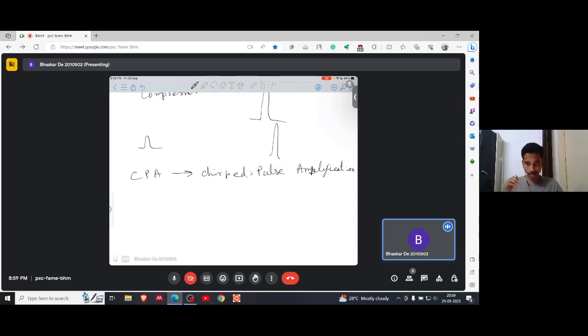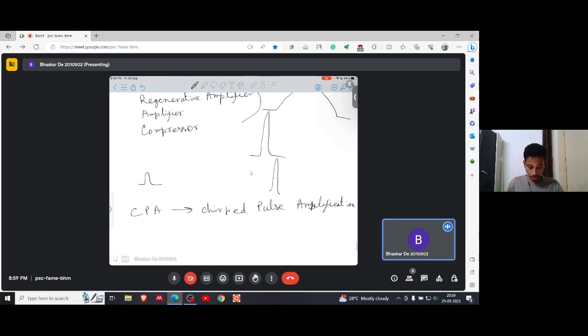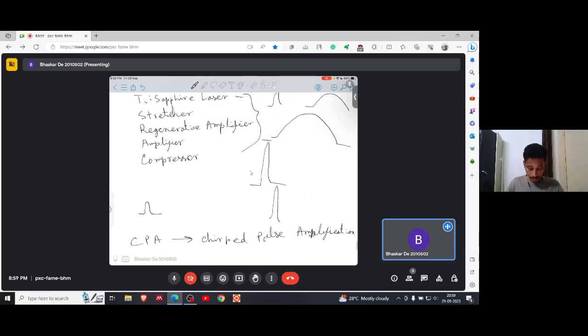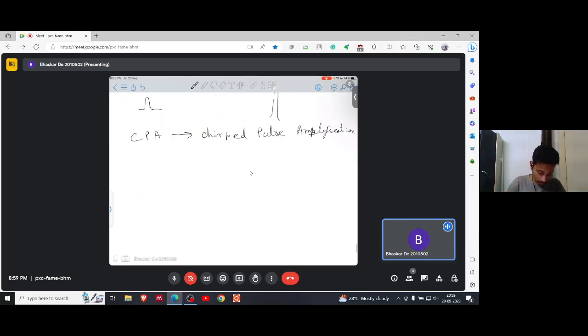We only talk about the central wavelength. So when we mix chirp with the pulse, okay, let me draw it. This is a pulse. When we mix chirp with it, this thing becomes broadened. So this pulse is broadened, and this is basically chirp pulse.